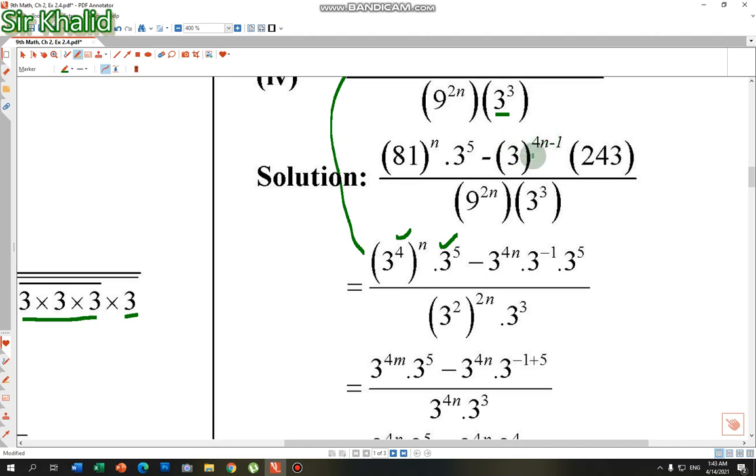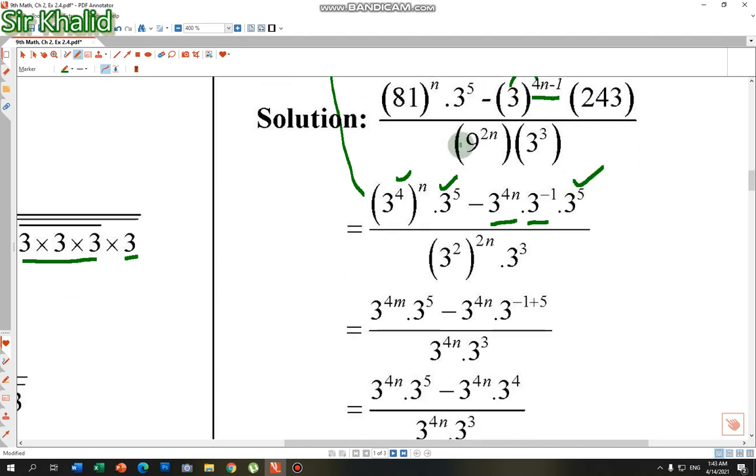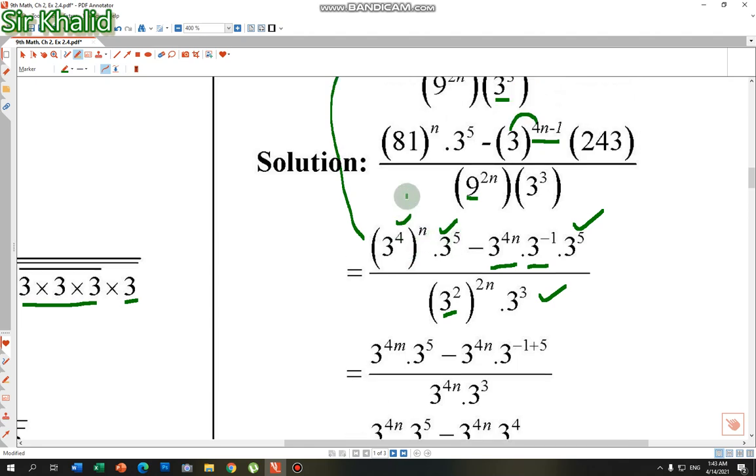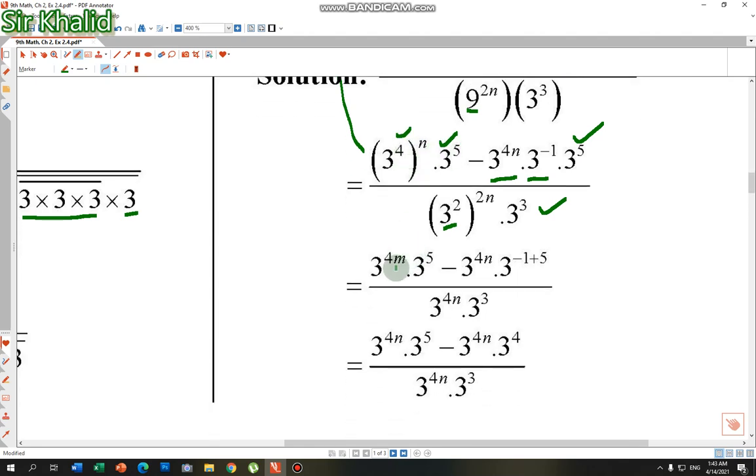This 3 power 4n minus 1 can be separated like 3 into 4n, and this minus 1 separately like this, 3 power minus 5. 243 can be written as 3 power 5. 9 can be written as 3 power 2, and it is multiplied by 2 power 2n and 3 power 3. Now 4n, here it is 4n, here it is n.